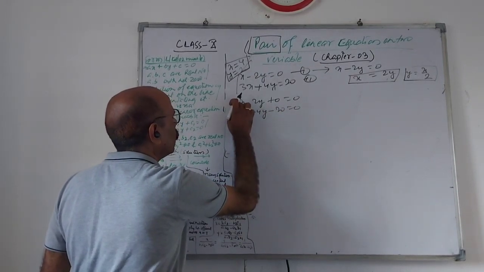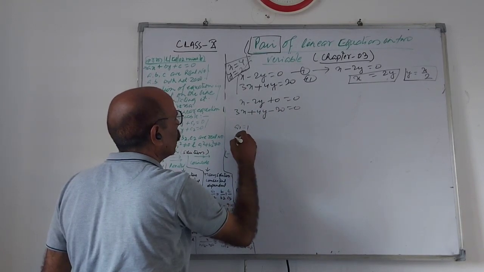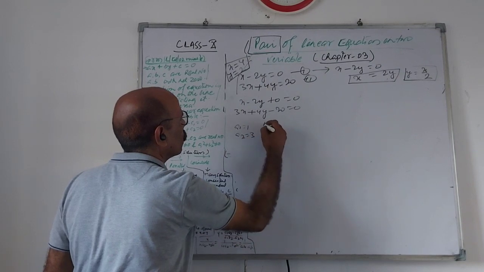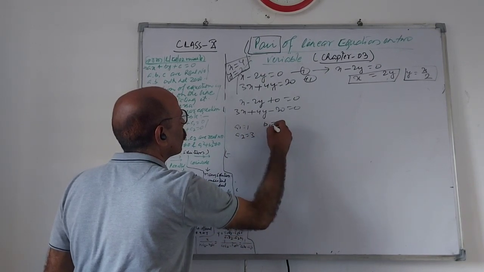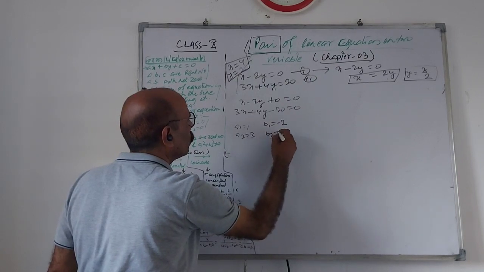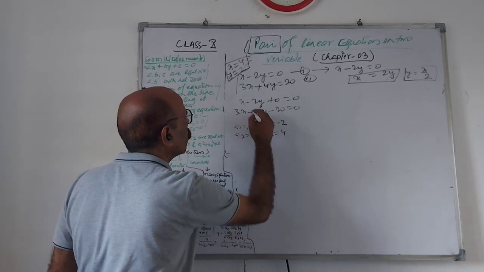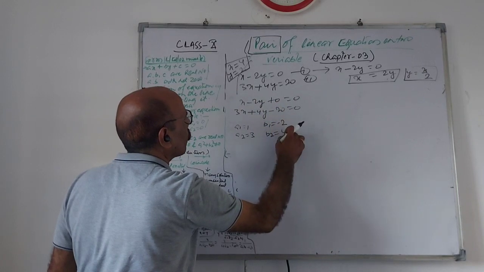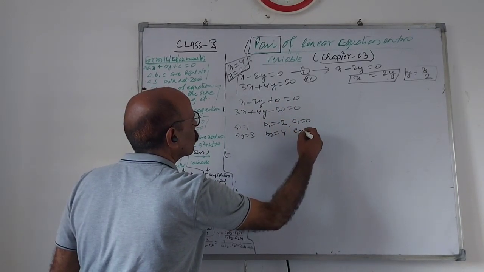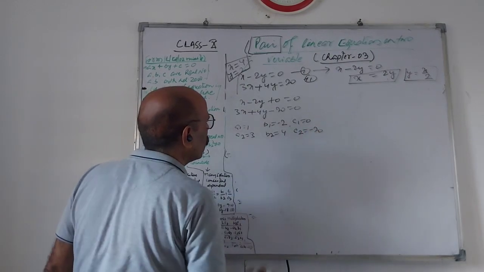Here a1 is 1, a2 is 3, b1 is equal to minus 2, b2 is equal to 4. Here c1 is equal to 0, c2 is equal to minus 20.